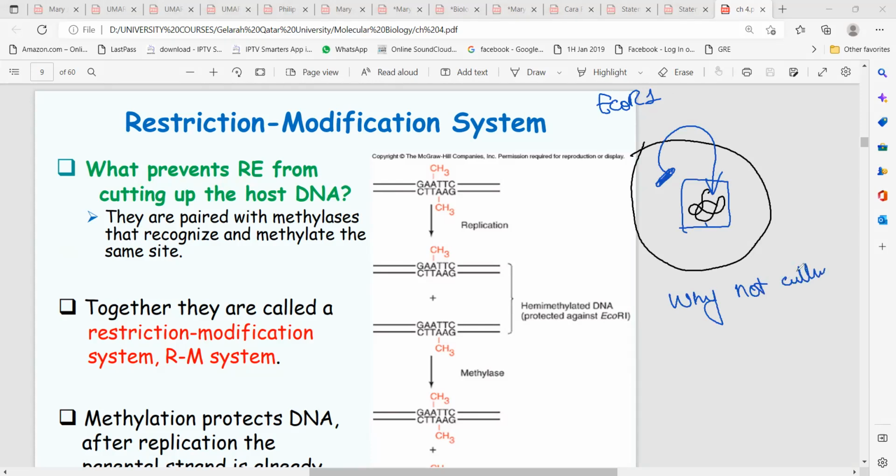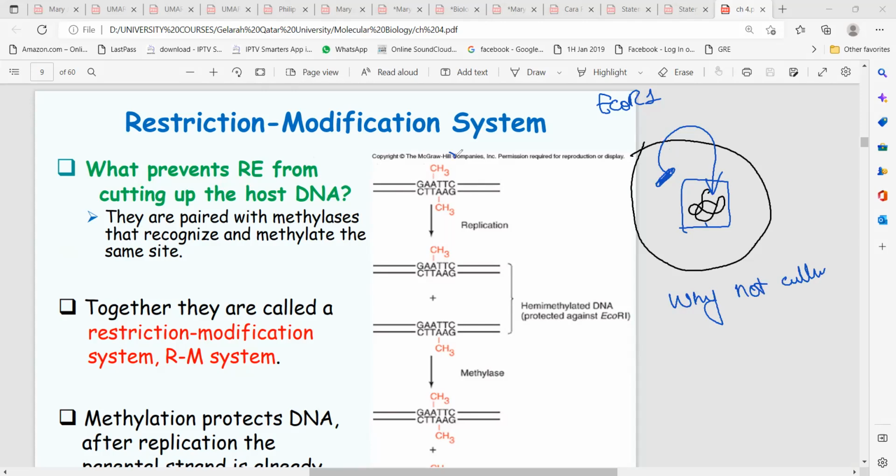Methylation, right? Yes, bacteria prevent their own DNA from being degraded in this manner by disguising their recognition sequences. What we mean by disguising? See, there are enzymes called methylase.